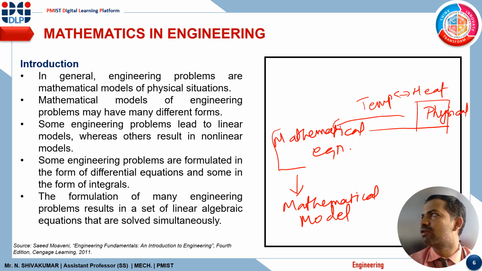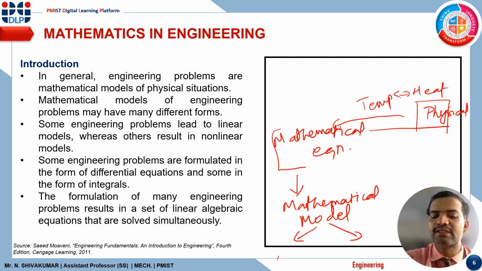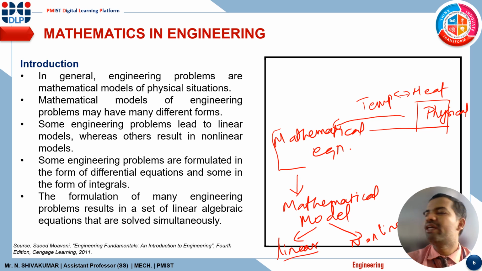So mathematical model is one such, in that two basic different types: one is linear mathematical model, another one is non-linear. Linear means following a line, and the trend is following a line.